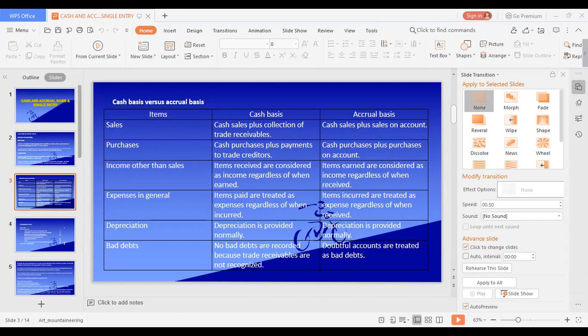So purchases is letter B. The amount of sales for the period is equal to 2,050,000. That's the amount of sales for the period as based on the computations above. In question number 3, what's the cash balance at year end?